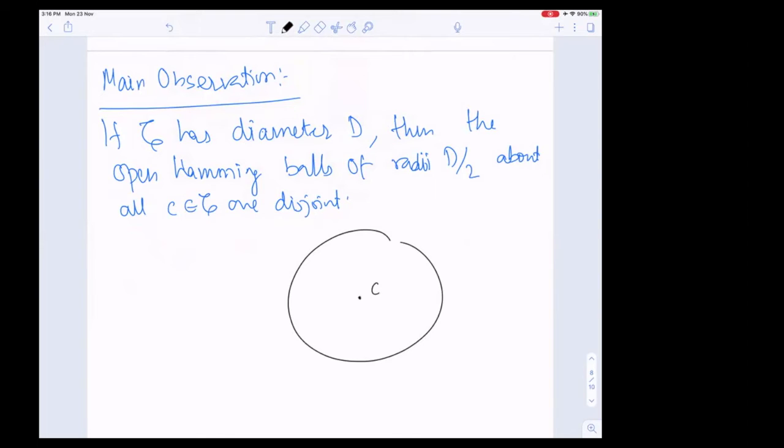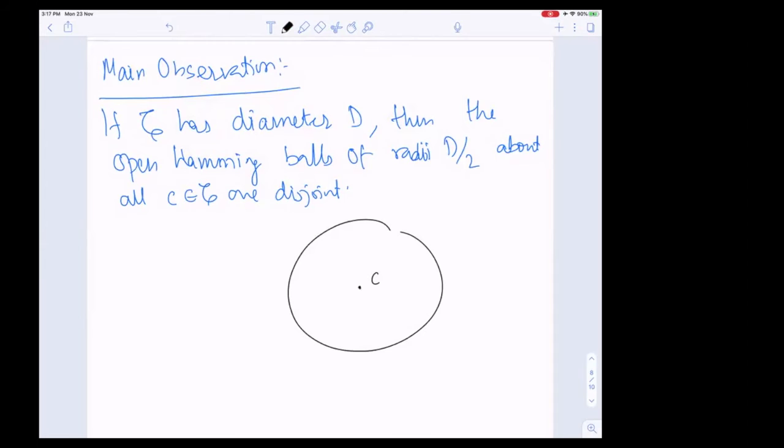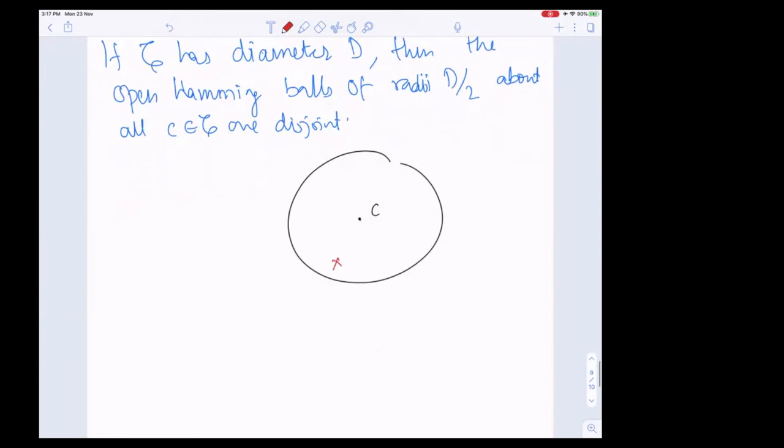Now, suppose you had some element here, and the problem is, what happens if this guy also belongs to someone?